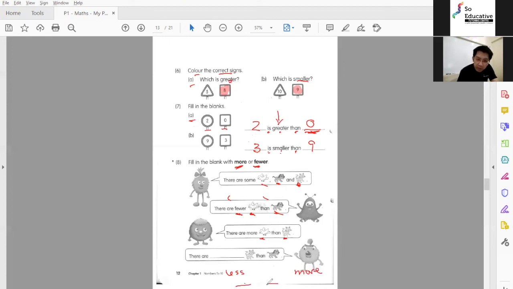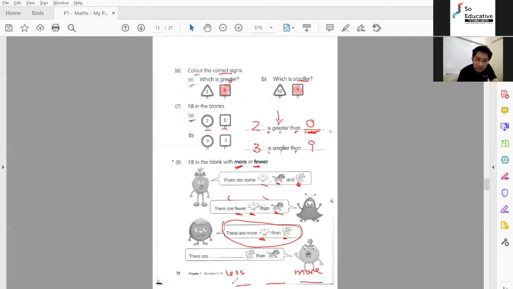Where do you put them? There are 3 items here: the birds, the dogs, and the cats. Now let's take a look at this one first. Okay. There are more birds than cats.